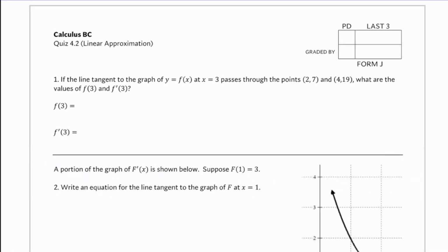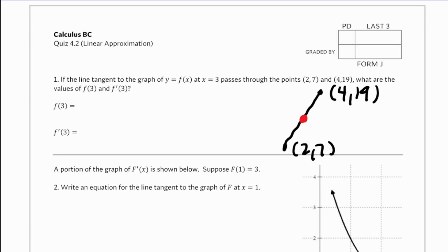Alright, Form J. Well, number one, you wanted to draw a picture. So the tangent line, if it goes through (2, 7) and (4, 19), okay, the slope of the tangent line, that's going to give you the derivative, okay? Because this is tangent at this point right here in the middle.